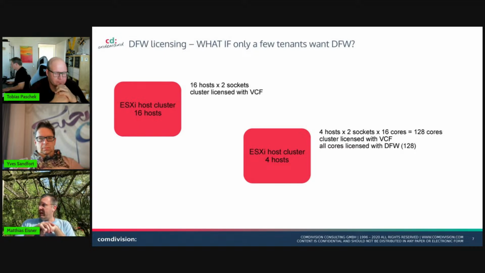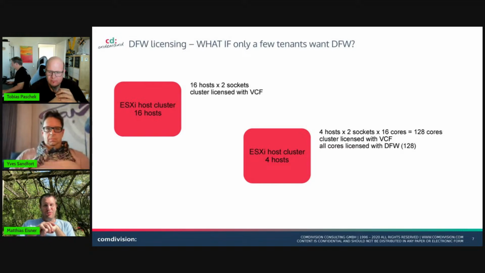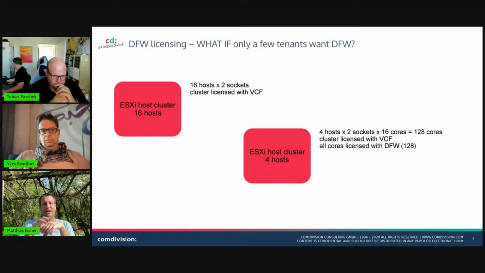Because if you have the great idea of, let's do 2 different overlay transport zones, please reconsider all the implications, like virtual machines can't talk to each other if they run on different clusters. You need separate edge transport node clusters because of different overlay transport zones. So there's, again, a lot of design work which needs to be done if you start splitting your clusters because of licensing.